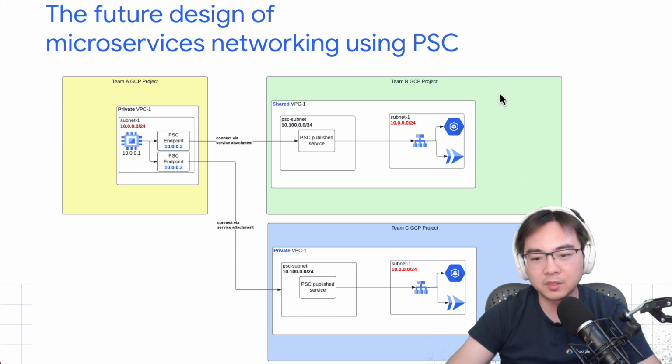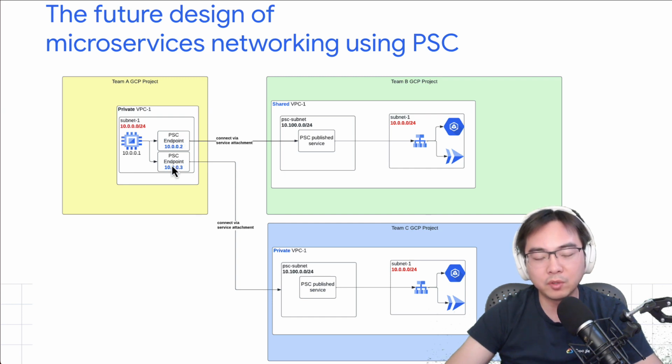If you think about this kind of scenario, I have another team with exactly the same problem, conflicting IP addresses in there, but they can create a PSC published service, right? Same as team B. But the most interesting part is that team C wants to expose their services to team A, and team A could again be on a private VPC.